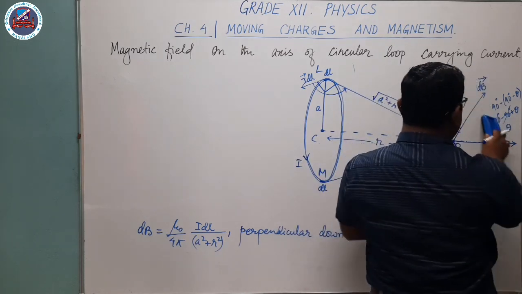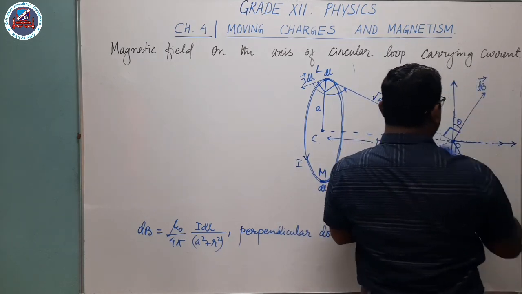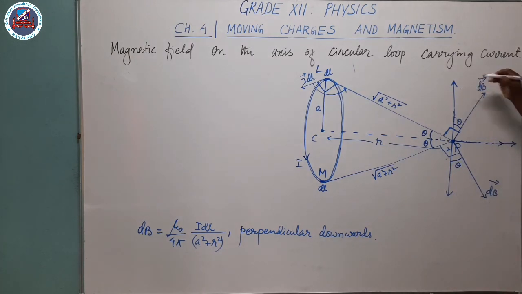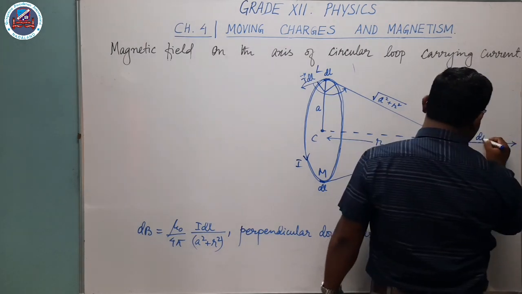Now when you resolve, this vector is dB, so it will be dB cos theta. Base is there, so it will be cos theta. And this one will be dB sin theta.